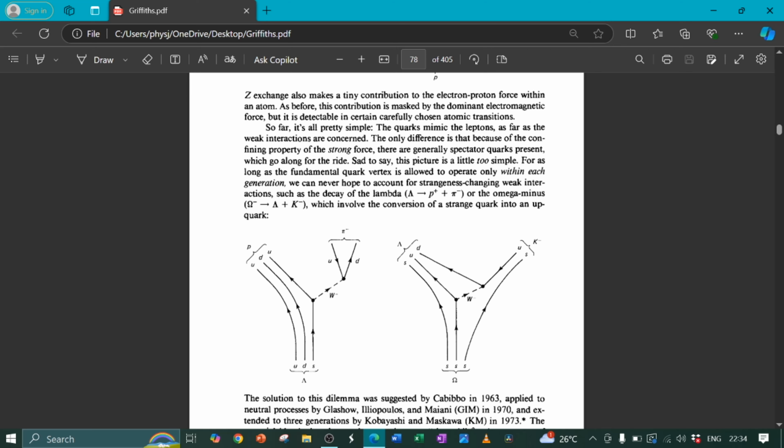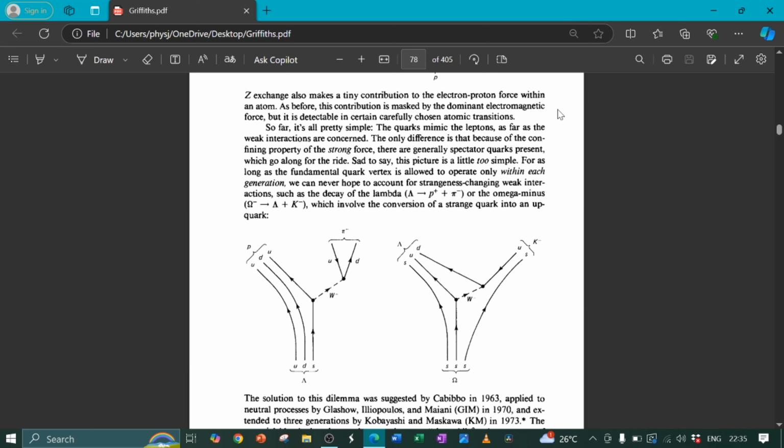So far, it's all pretty simple. The quarks mimic the leptons as far as the weak interactions are concerned. The only difference is that because of the confining property of the strong force, there are generally spectator quarks present which go along for the ride. Sad to say, this picture is a little too simple.